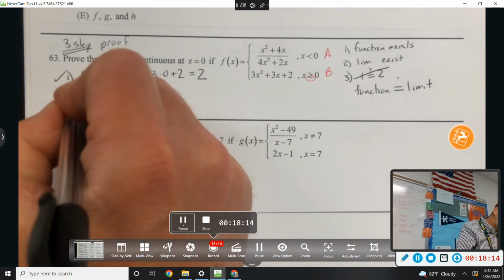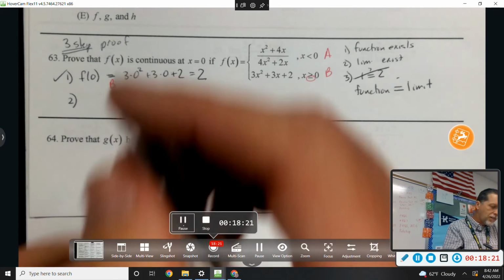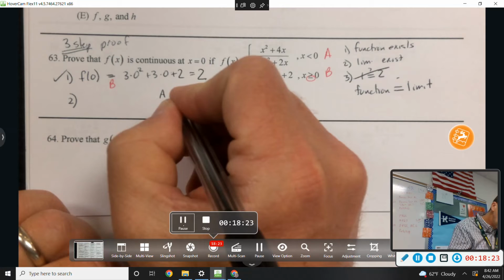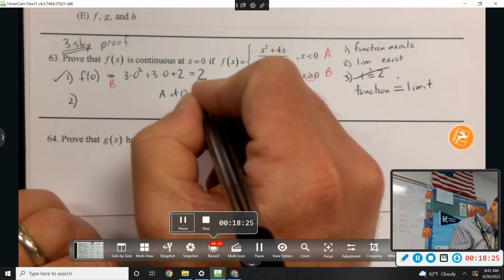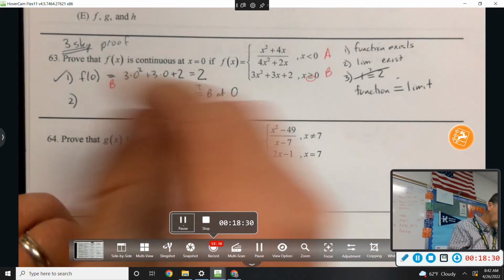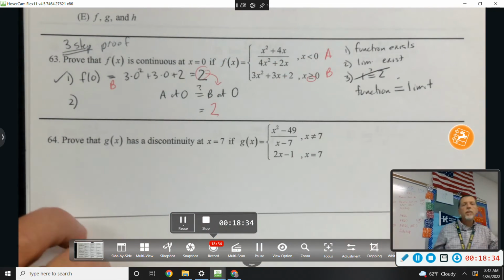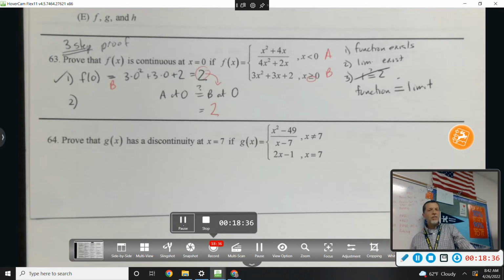Step 2. The limit means I need to check from each side. So I need to plug into part A and part B and see if they're equal to each other. Well, B at 0 we just did. That was 2. But now I need to check A at 0.